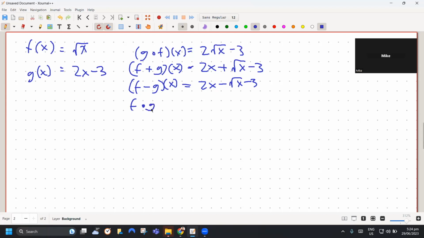Ano pala yung gagamitin dito? Kapag product, yung dot lang.